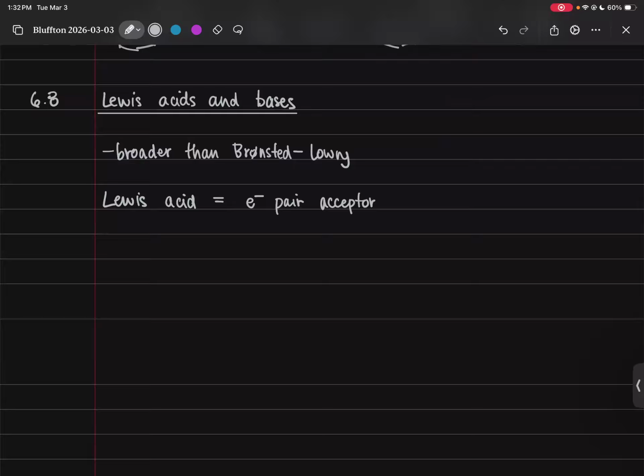Okay, don't let the fact that Bronsted-Lowry acids are proton donors, not proton acceptors, confuse you. There's a little bit of looking backwards, and it's easy to mess up your acceptors versus donors.